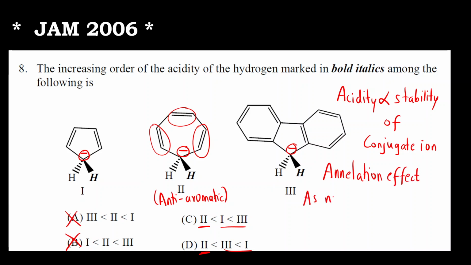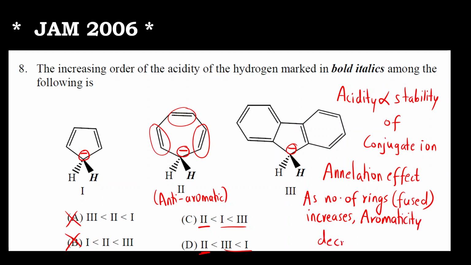As the number of fused rings increases, the aromatic character decreases, or we can say aromaticity decreases. If aromaticity decreases, stability will also decrease. The stability of the conjugate base will also decrease.